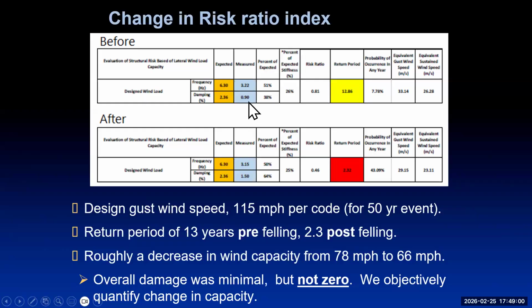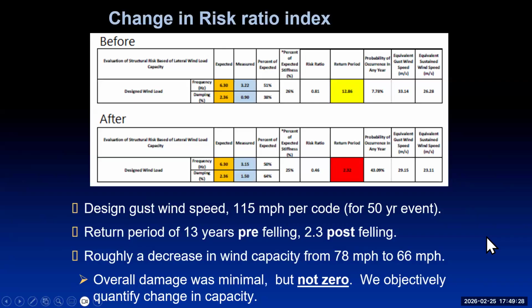The damping, which is an indicator of damage, went from 0.9 to 1.5%. That went up 50%, and that is the much more sensitive damage indicator. And that changed the risk profile to a once in 2-year event, meaning a 66-mile-an-hour wind event, which we just got here over the weekend with the storm.